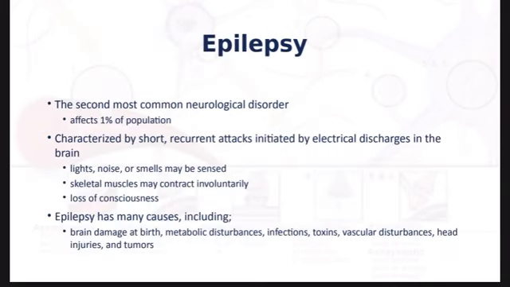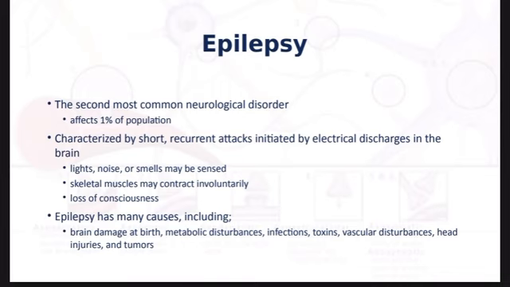Okay, epilepsy is also the second most common neurological condition. It affects 1% of the population. It is characterized by short recurrent attacks caused by electric discharge in the brain. Usually what triggers them can be light, noise, smells.